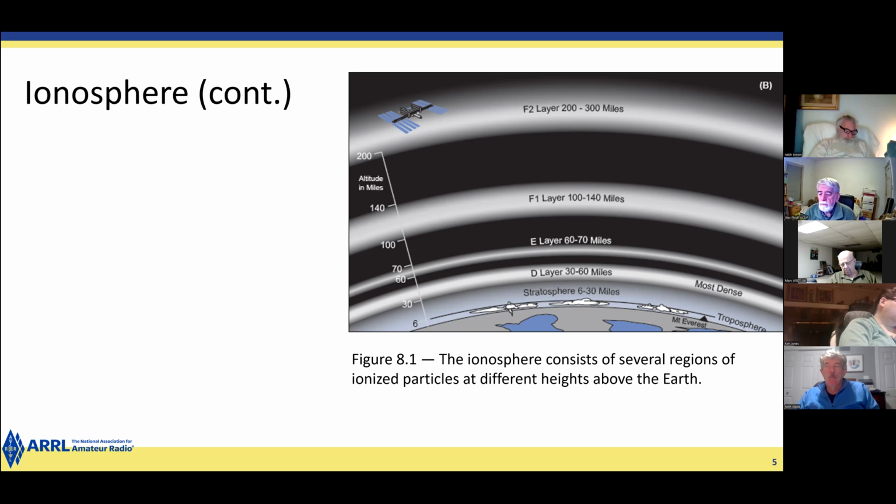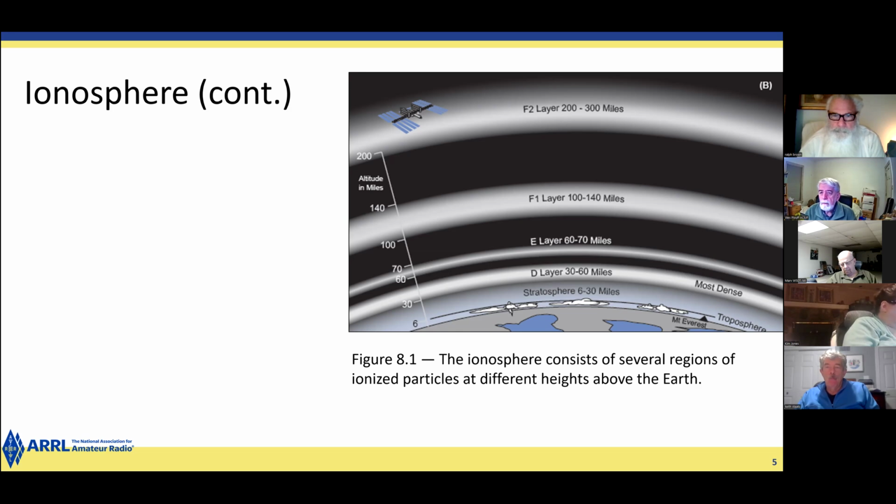And then above that is the E layer, which lasts a little bit beyond the end of daylight. Above that, during the day, are the F1 and F2 layers at 100 miles to about 300 miles. And then at night, the two layers combine into a single F layer that is somewhere between.